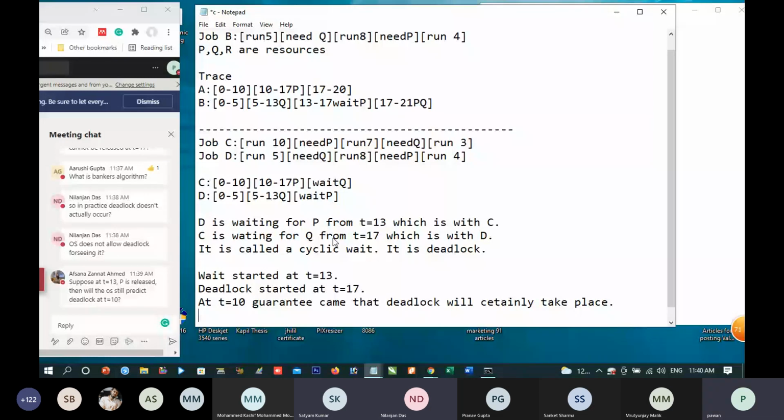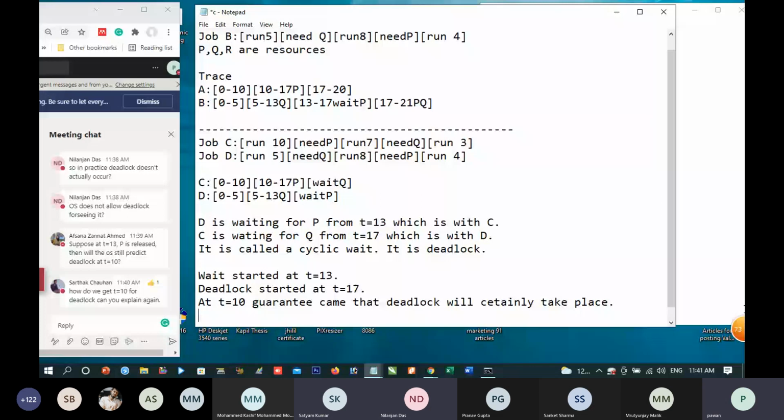No. At time t equal to 13, how can P be released? At time t equal to 13, P cannot be released because it is already with C. And once a resource has been given to a job, it cannot be released till the job releases it voluntarily. Yes.